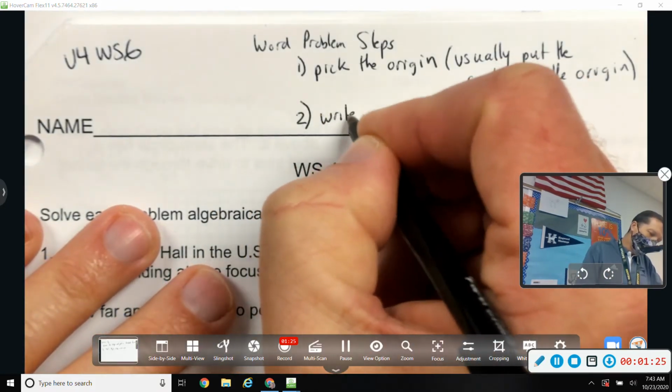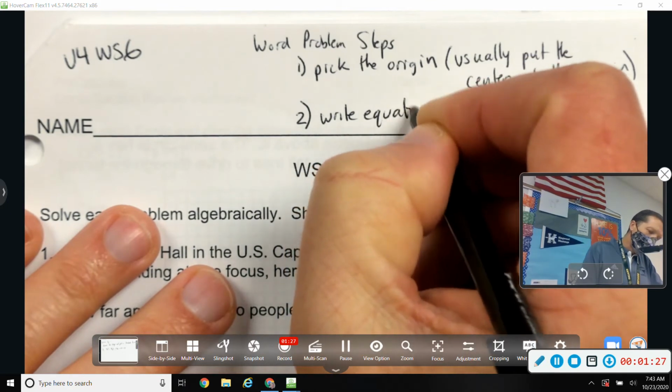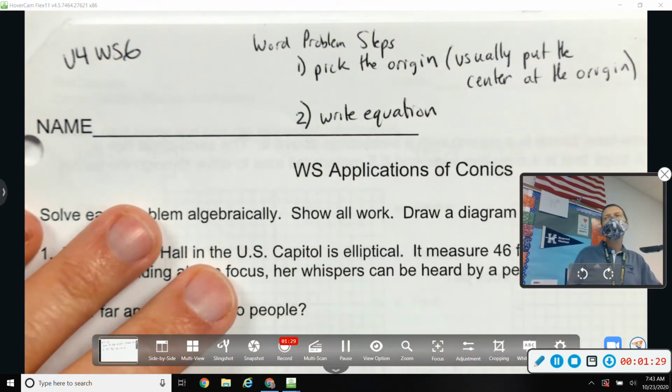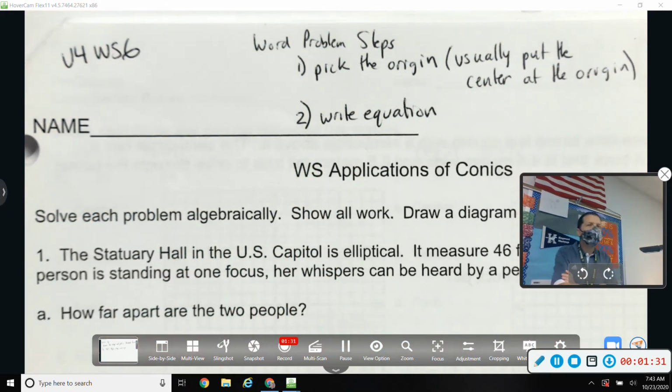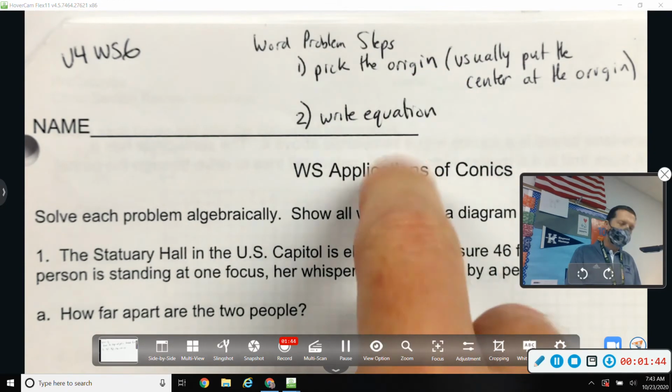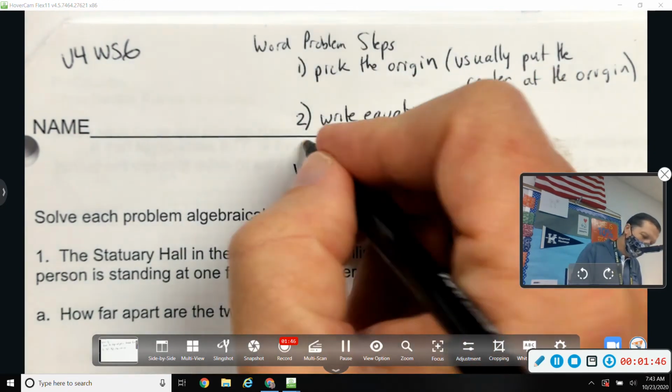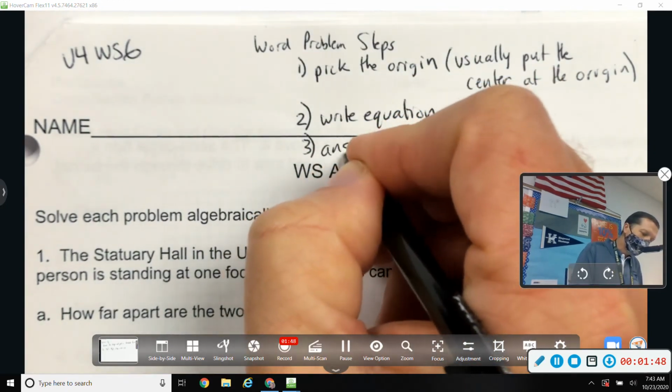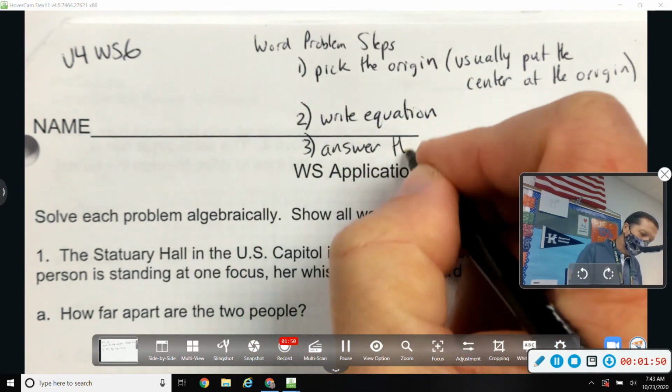Step 2 is write the equation. Those have to go in that order, because you can't write the equation if you don't know where the center is, because you don't know how far up, over, left, right, up, down, all that stuff to go. So assign the origin to your picture, then you can write the equation, and then worry about answering the question.